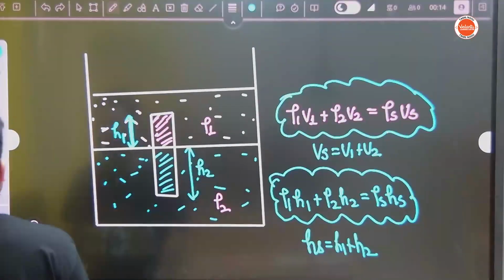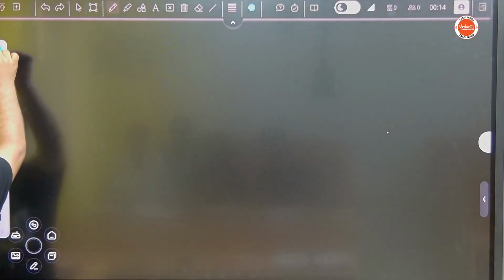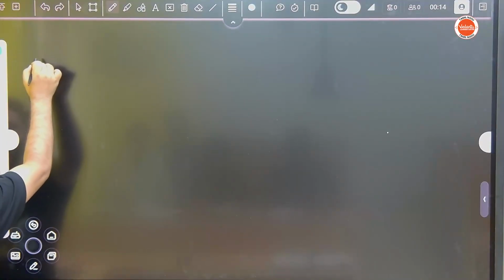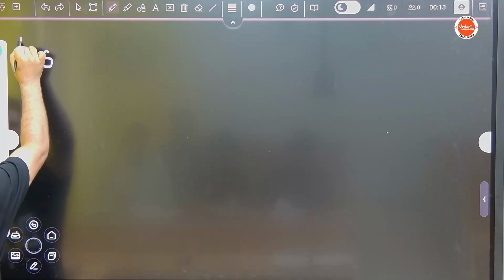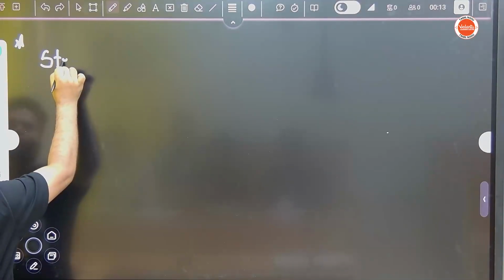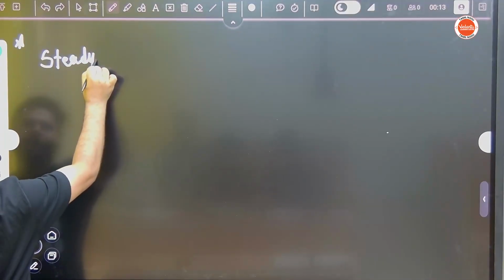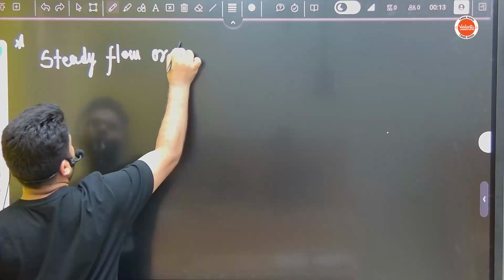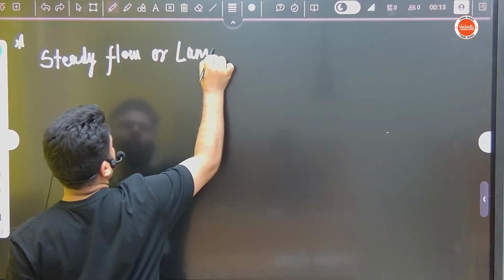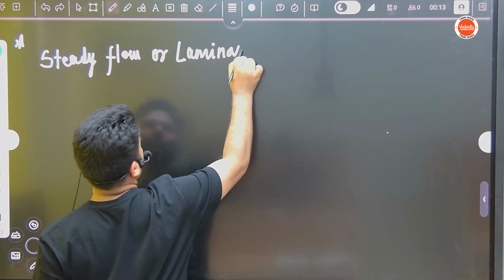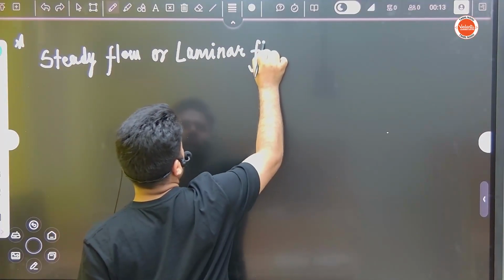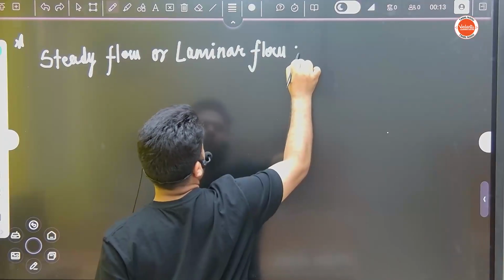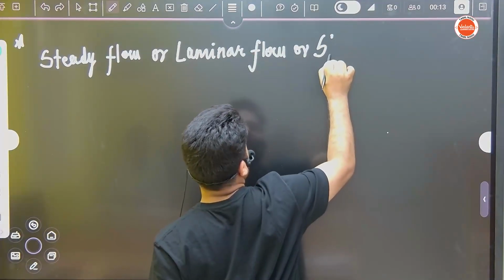Now we have one concept: steady flow, or laminar flow, or streamline flow.